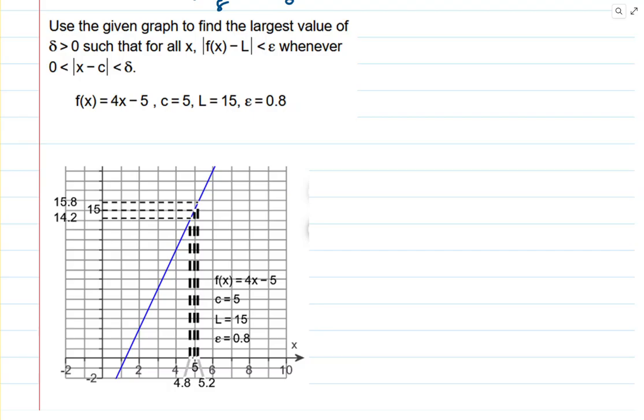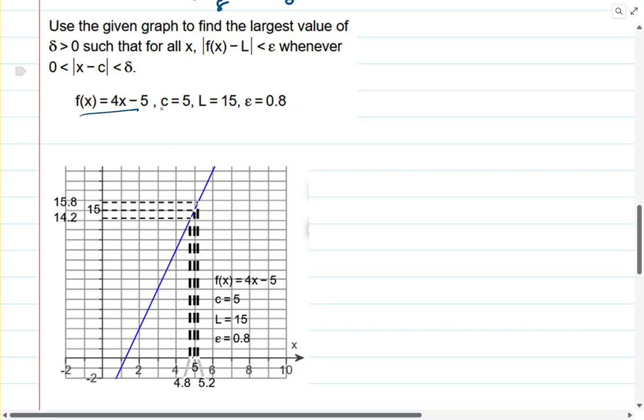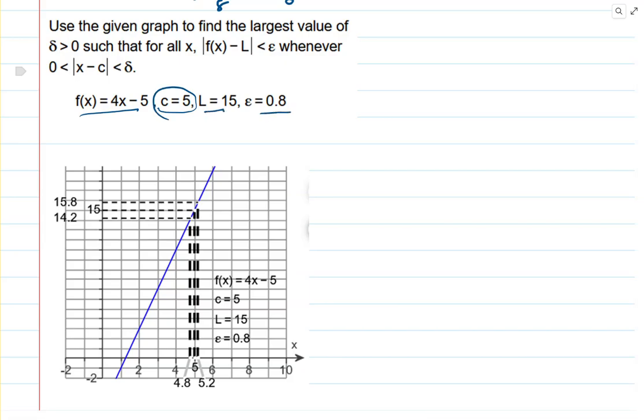We just did that on a previous one, such that for all x, f of x minus the limit given is less than epsilon whenever 0 is less than the absolute value of x minus c is less than delta. And that is the precise definition of limit. So we have our function. We have our c, we have our limit, and we have epsilon. All right, and they want the largest value of delta.